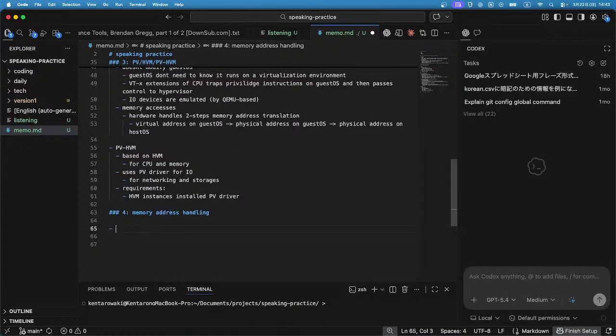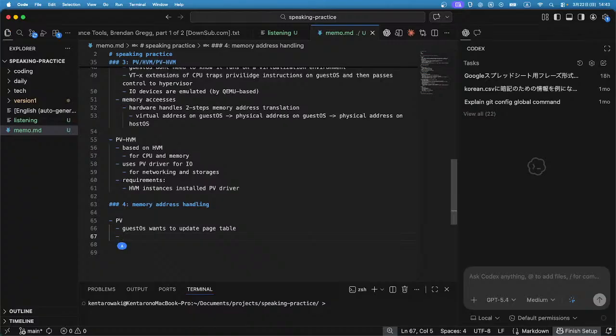So for PV, in paravirtualized, the guest OS wants to update the page table, and the hypervisor is requested by hypercall.